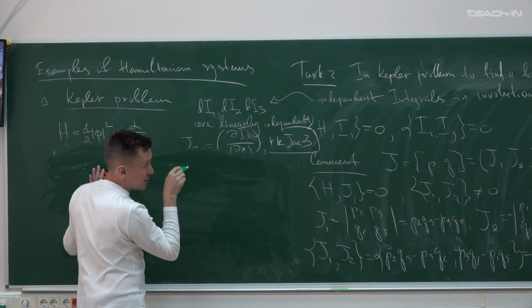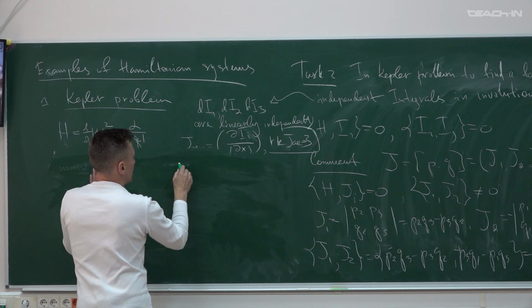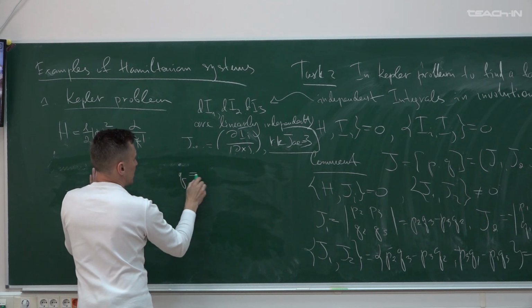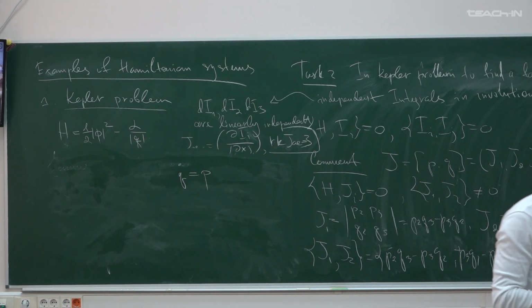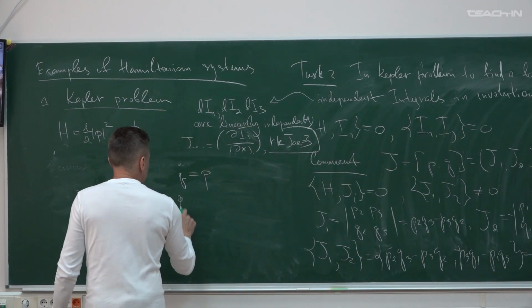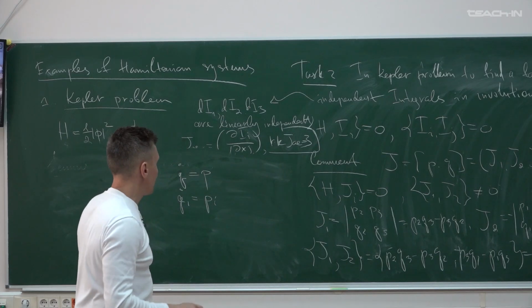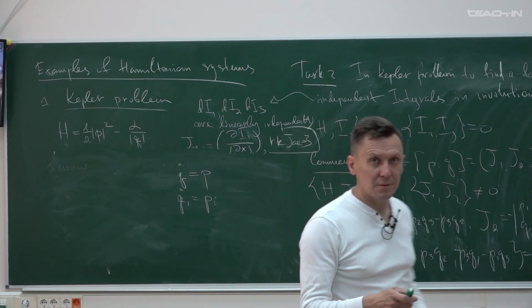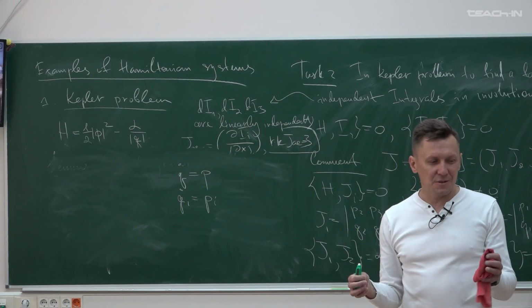You remember that Q dot is P as vectors. It means that Qi dot is Pi, and you can write this equation just in vector form.